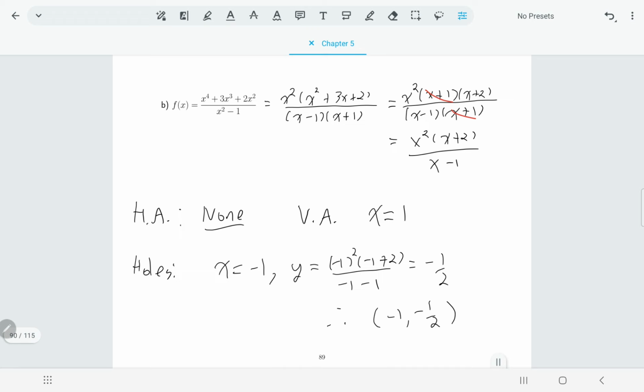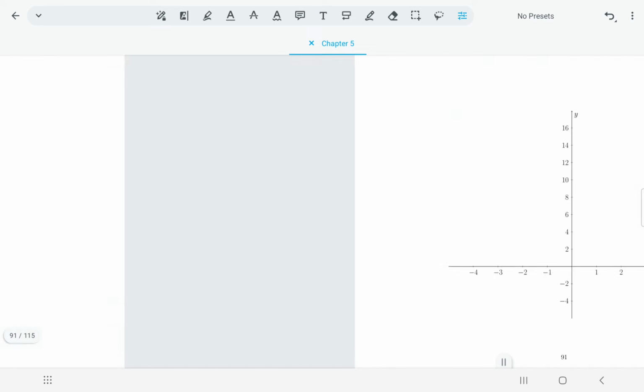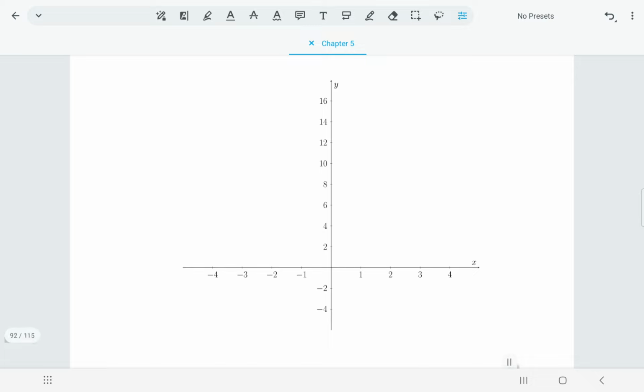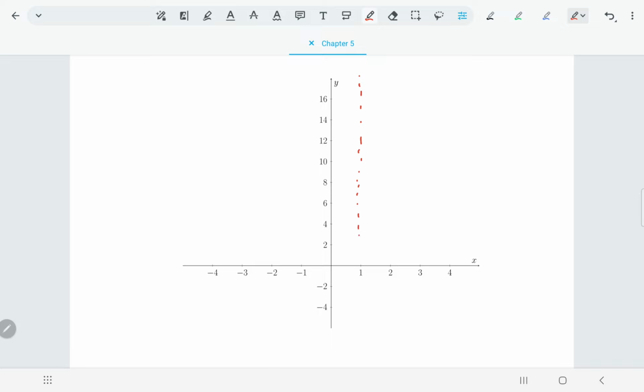Okay, so before we start thinking about x-intercepts and y-intercepts and all the rest, I'm going to go and put that hole and that vertical asymptote on my graph. So x equals 1. And also the point negative 1, negative a half, drawn as a hole.